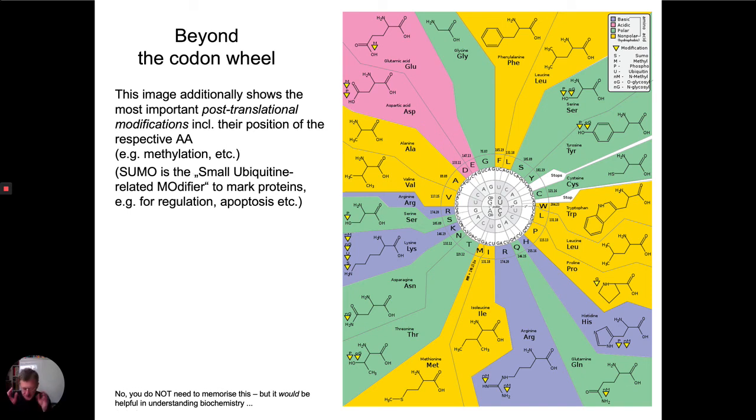This is used for several biochemical pathways, most of which actually go really beyond the scope of Biochemistry 101, the one you're listening to and watching right now. But they play a role for regulation of one or the other biochemical path. They play a role in apoptosis, which is as you know, the pre-programmed cell death, and many other things.